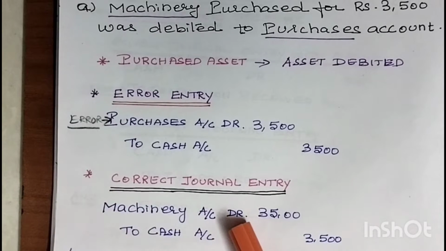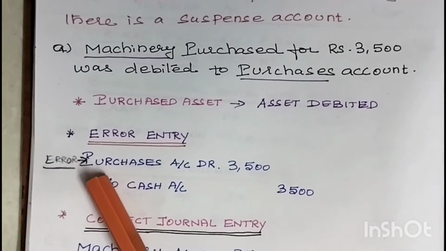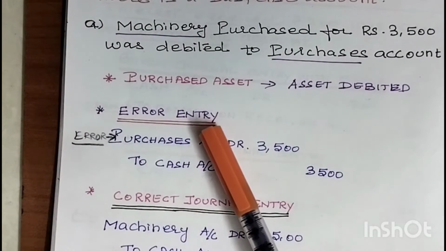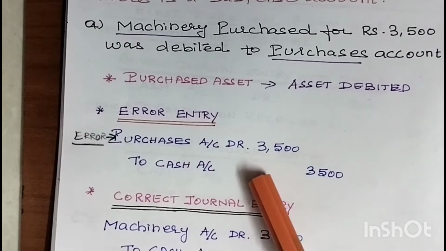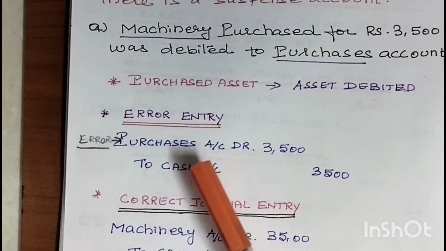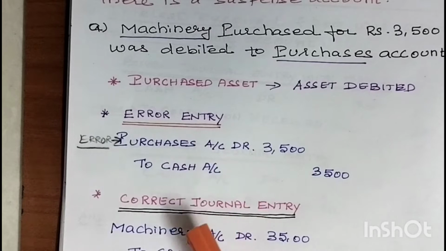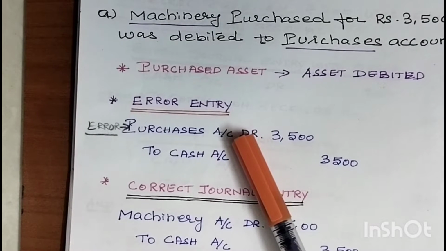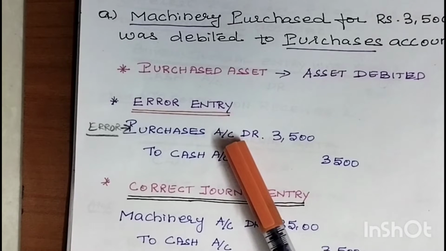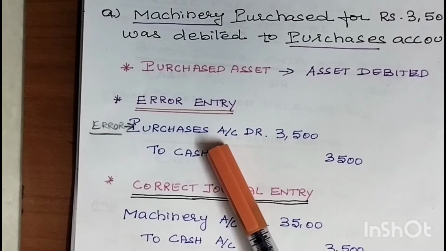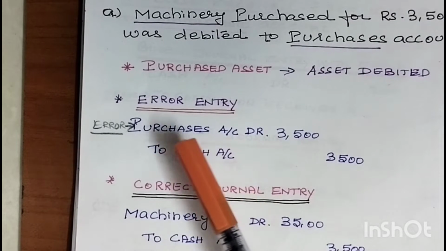This is the correct entry. So which one is the error? Purchases account. Instead of machinery, they entered purchases account on the debit side. So which side has the error? The debit side has the error. We found the error on the debit side.